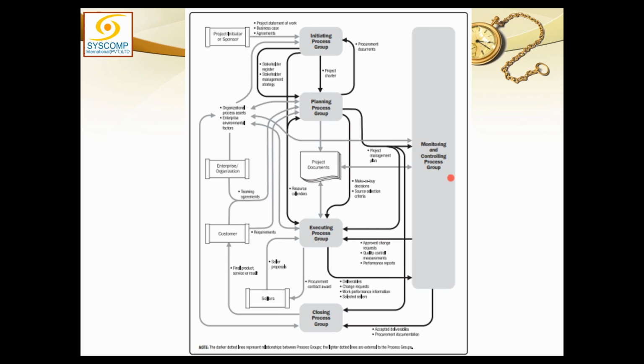To monitoring and control, because it has to be checked according to the project management plan: what has happened? So analysis has to be done here. And closing, because it has to do the final review according to the project management plan. So the project management plan goes everywhere else. All the processes of execution, monitoring and control, and closing will get the project management plan.